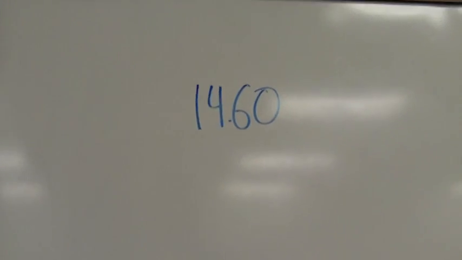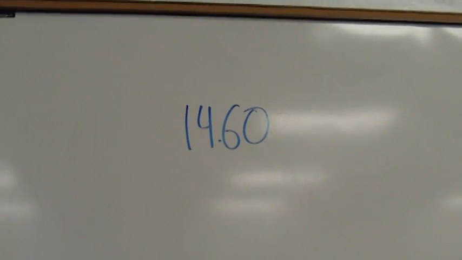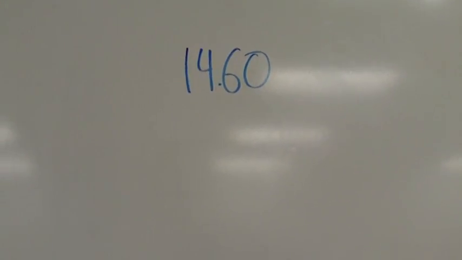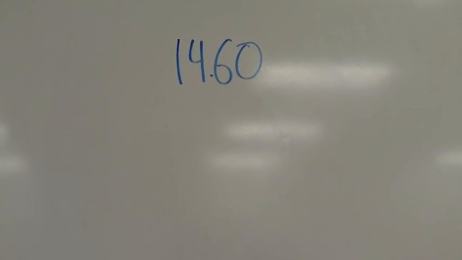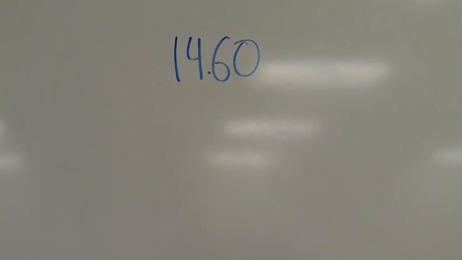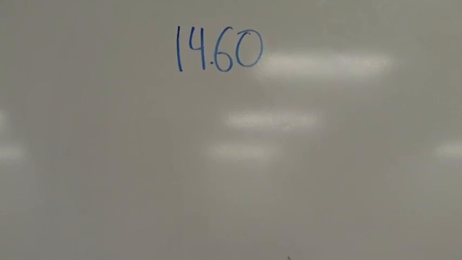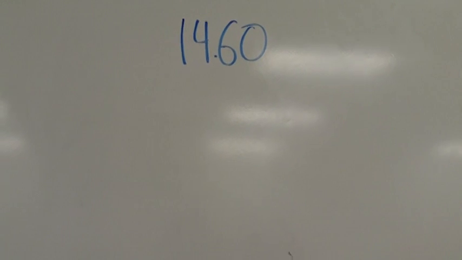Okay, this is 14.60. It says the following data were collected for the reaction N plus N yields P plus Q. Then it has a table that gives us initial concentrations and initial rates of reactions for three different reactions of this experiment.